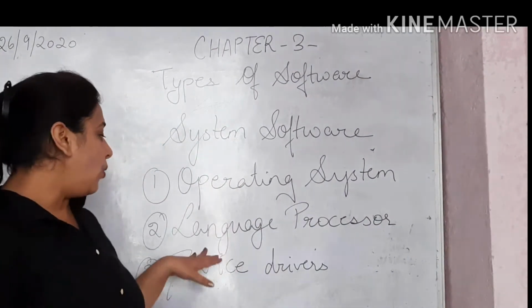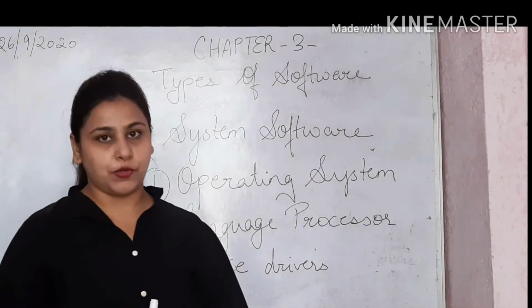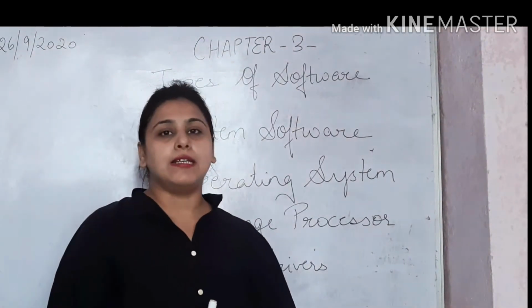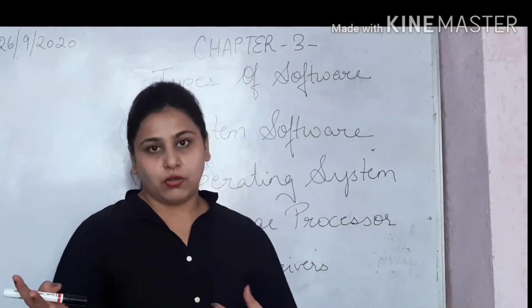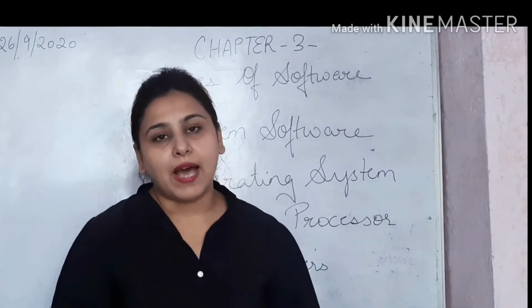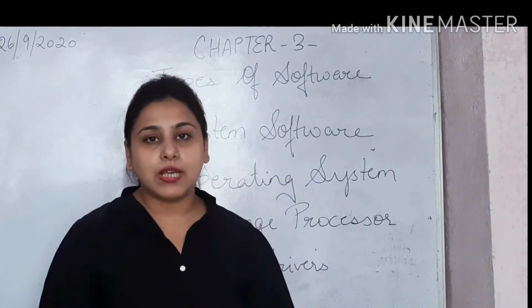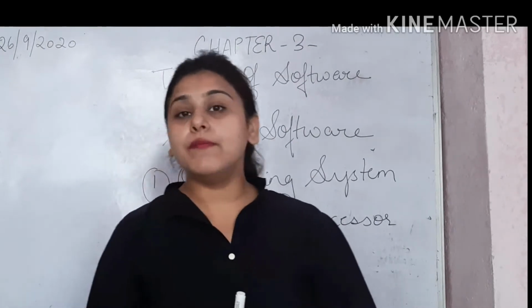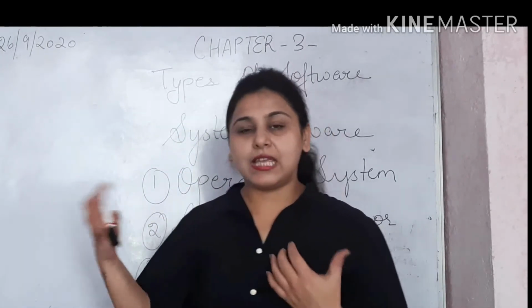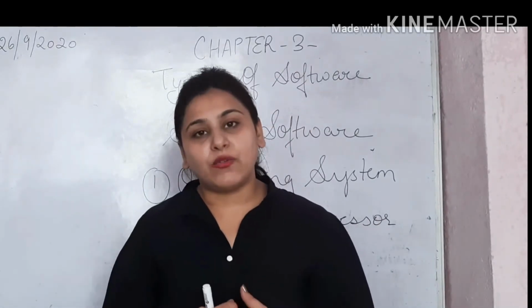Clear? Now the second is your language processor. As I said, the language of the computer is binary language, that is strings of zeros and ones. And we use simple English language, which means there is a difference in language.